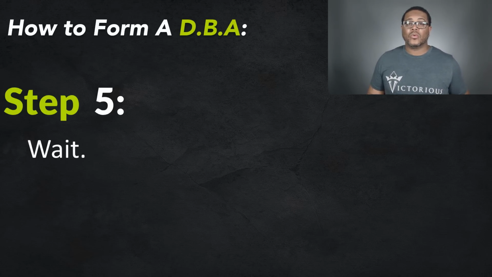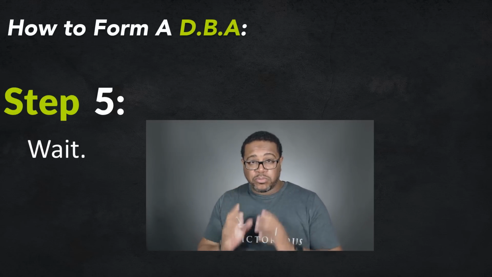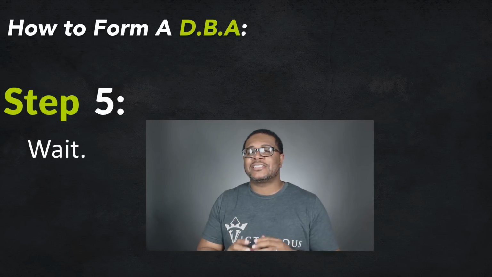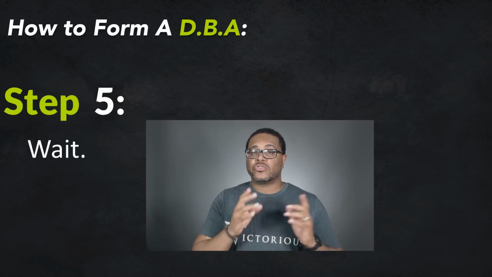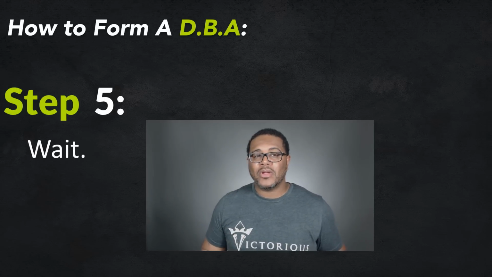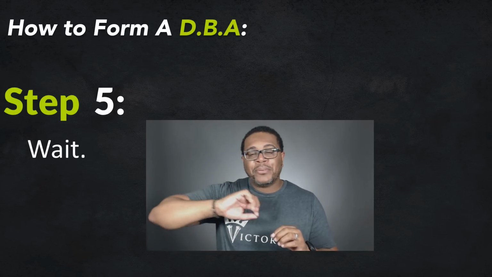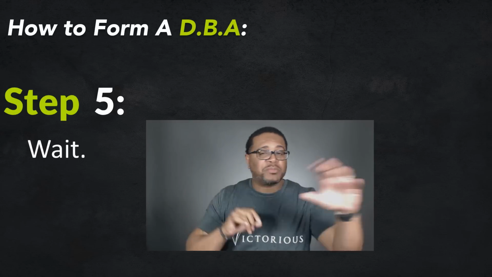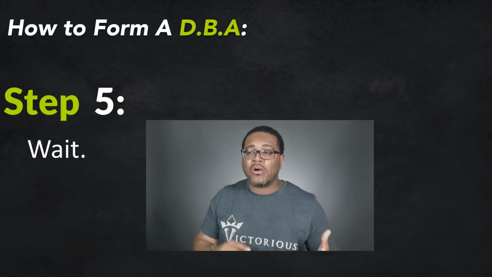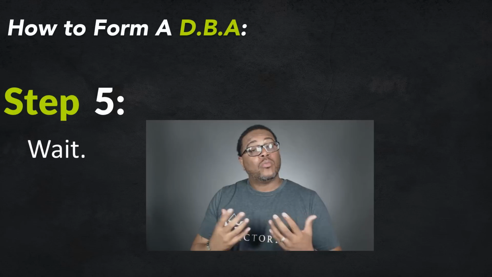Step 5, wait. And now this is a very important step. The reason I say I want you to wait is because, remember, in step 4, we have to publicize it in the paper. I do not want you, as soon as you publicize it in the paper, to go out and start spending all this money buying business cards, getting letterhead, doing all these promotional things. Why?